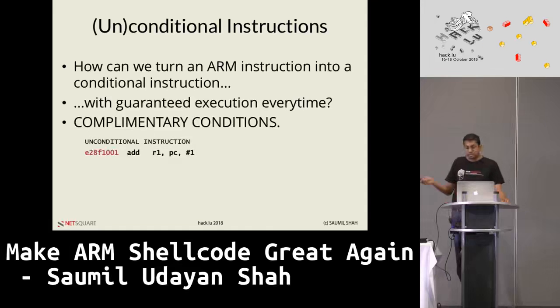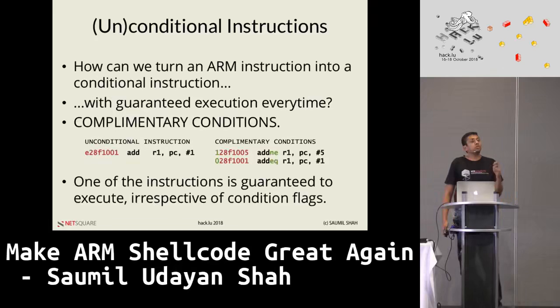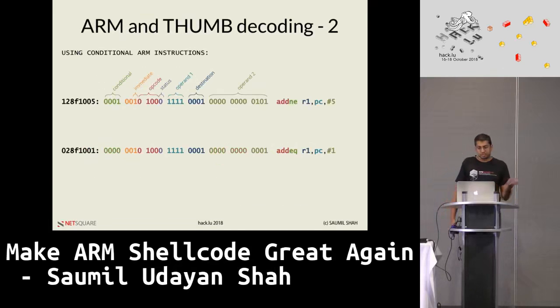And now with this conditional flag being added in, ADD becomes ADDNE and ADDEQ. The most significant 4 bits will change, allowing you to control the opcode of the second Thumb instruction. So now let's see what happens if we do this ADDNE and ADDEQ.